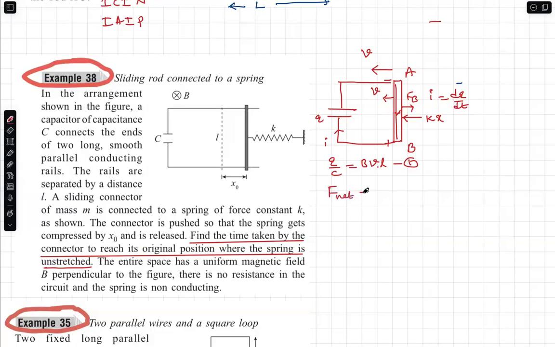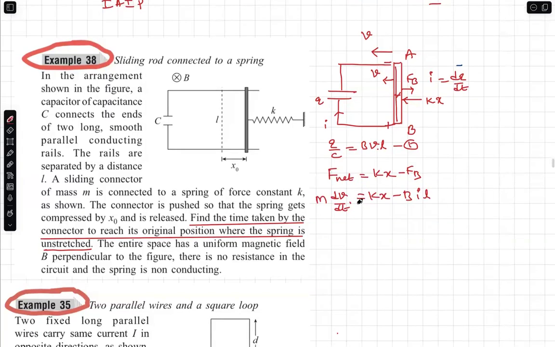So F net is Kx minus Fb, that is Kx minus BIL. F net is m dV by dt. That's the situation you have.